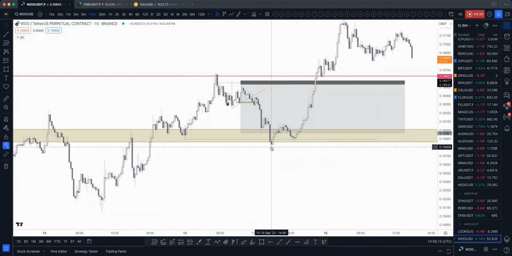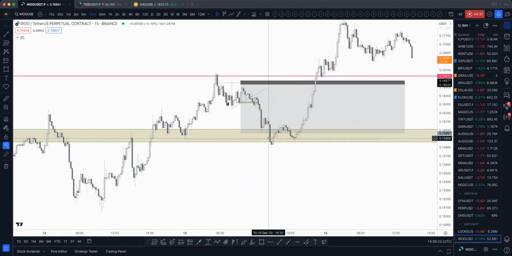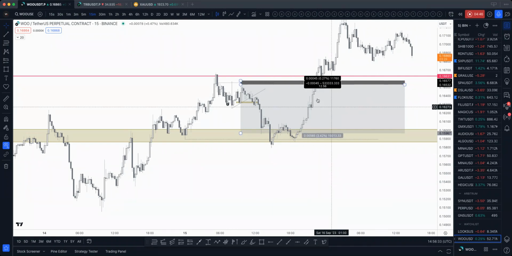Okay, took out the liquidity, and then it just reclaimed that level, failed to break this, and then big move up.